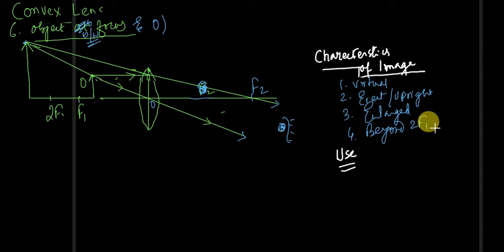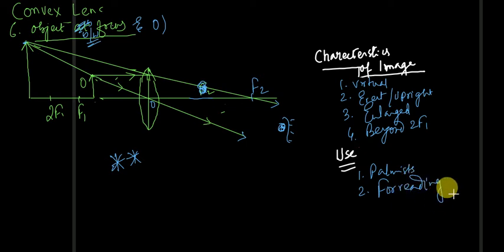Okay, so what is the characteristic of this image? This image is very important. If the object lies between focus and the optical center, the image of a convex lens will be virtual. The most important diagram. Where is it used? It is used in many places. It is used by palmists for reading purpose.